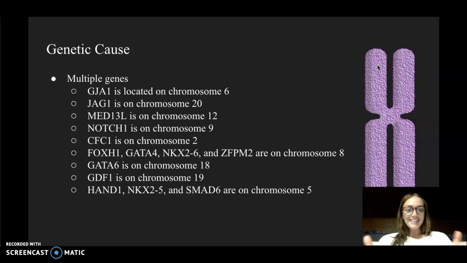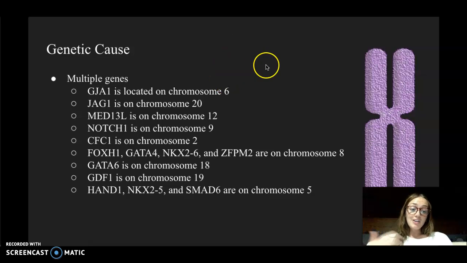Now, what causes this? A lot of things, with certain and other types of congenital heart diseases. There are many different genes that scientists have tried to locate within these different defects, to find a genetic reason for these happenings.